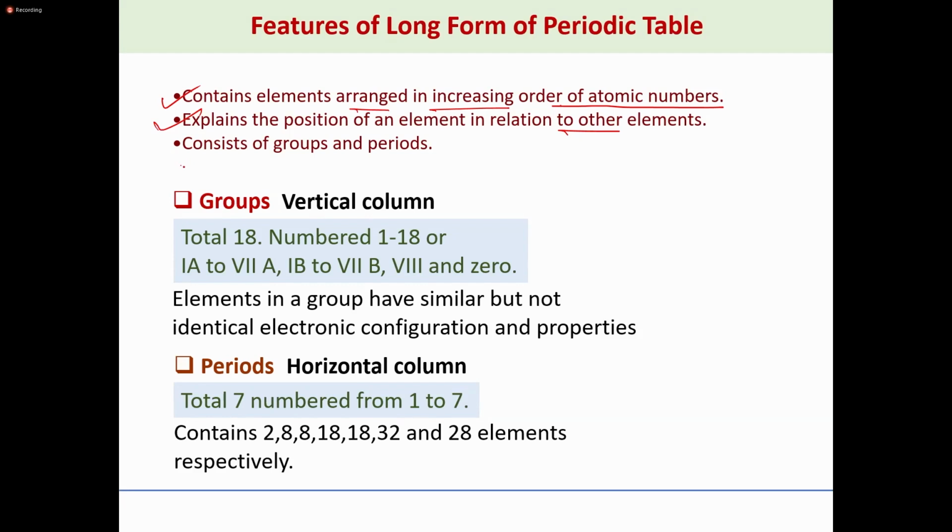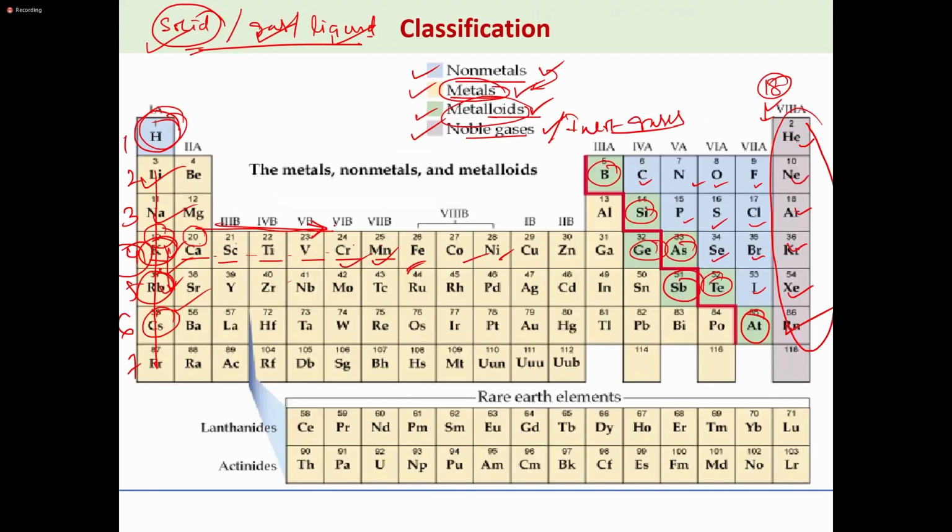Second, it consists of groups and periods. This is the main achievement of this periodic table, that we can easily find the position of an element according to its group and its period. Suppose I want to know about nickel.